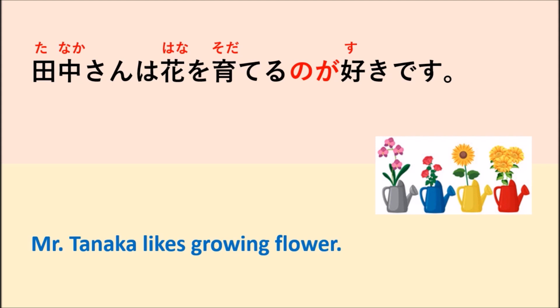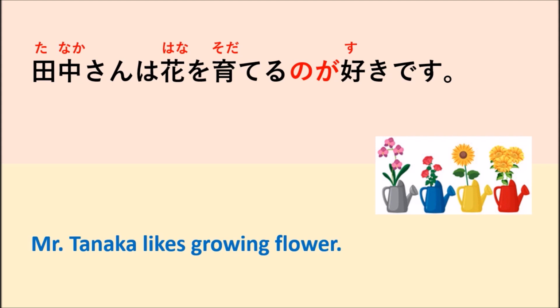Here we will see that after sodateru no ga it can be an adjective. So that means we have two parts of the sentence. The first part is Tanaka-san wa hana o sodateru, right? Here is the small part of the sentence, and we want to explain the first part of the sentence.